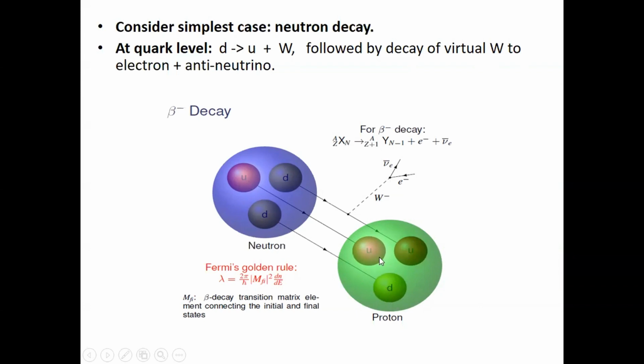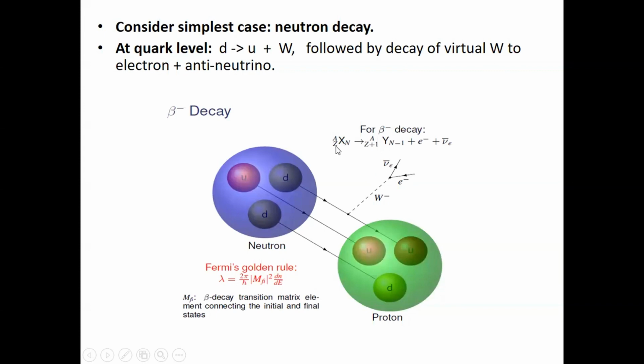So the up quark remains up and the down becomes like this, and you get one down quark changing into an up quark, which makes it two up quarks and a down quark, and that is the proton. The beta decay is really manifested in this particular diagram where the W minus is the mediating particle, and the down quark transforms into the up quark, and the antineutrino for the electron and the electron are emitted.